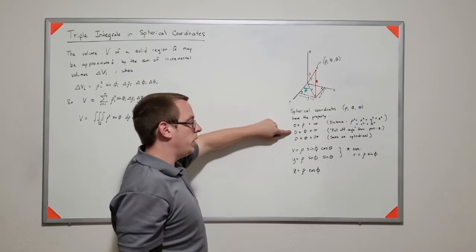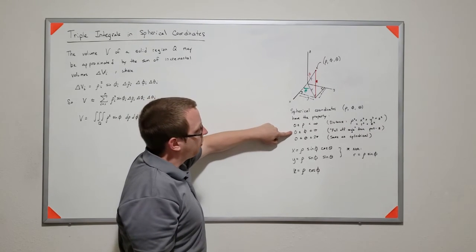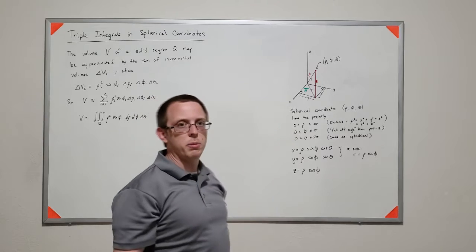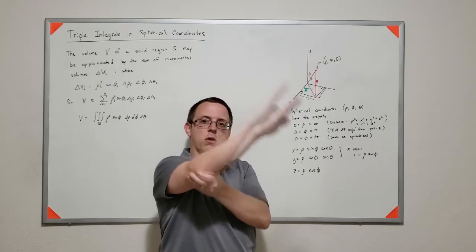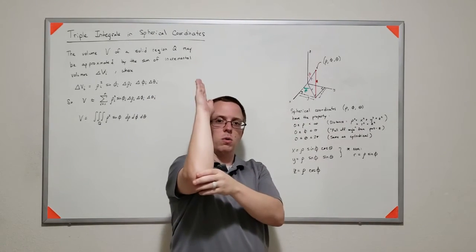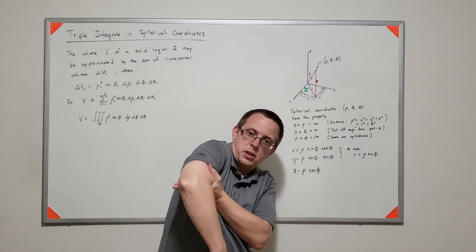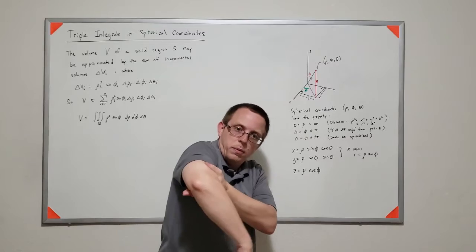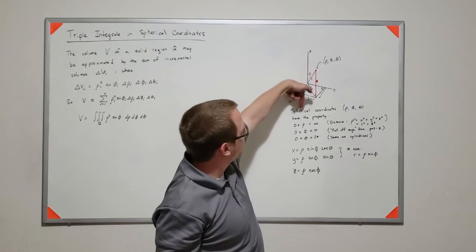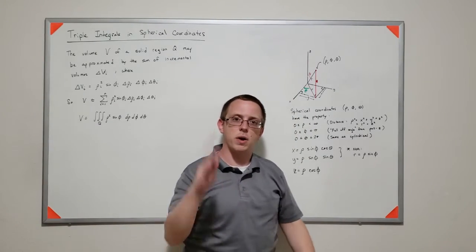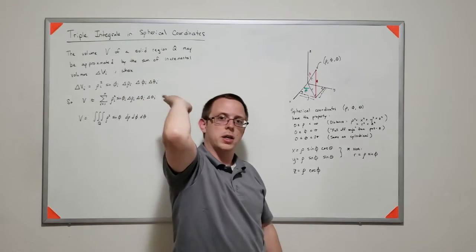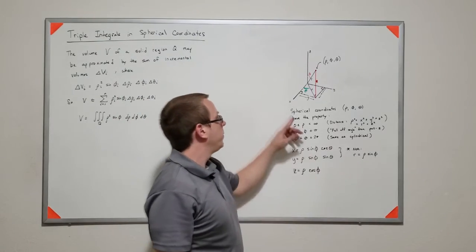So it could be 0, but it's usually positive. Phi goes from 0 to pi, because that's the fall-off angle where you start and can only fall down and smack the bottom, the negative z-axis. So I can't do a full rotation. I can just fall and smack it.